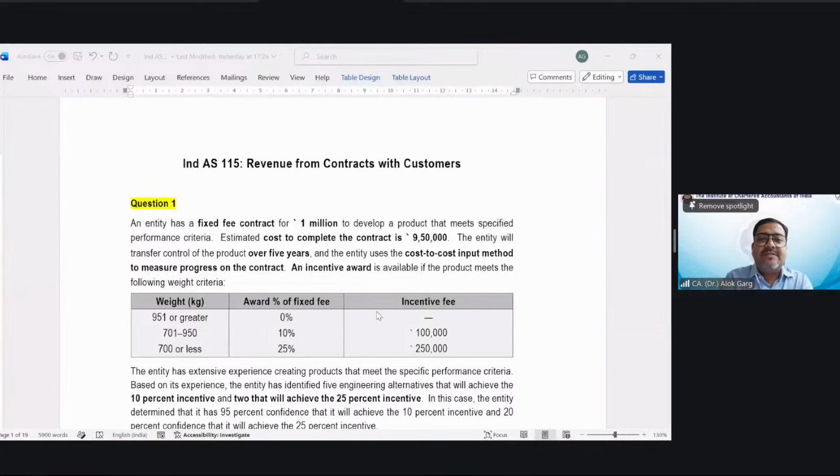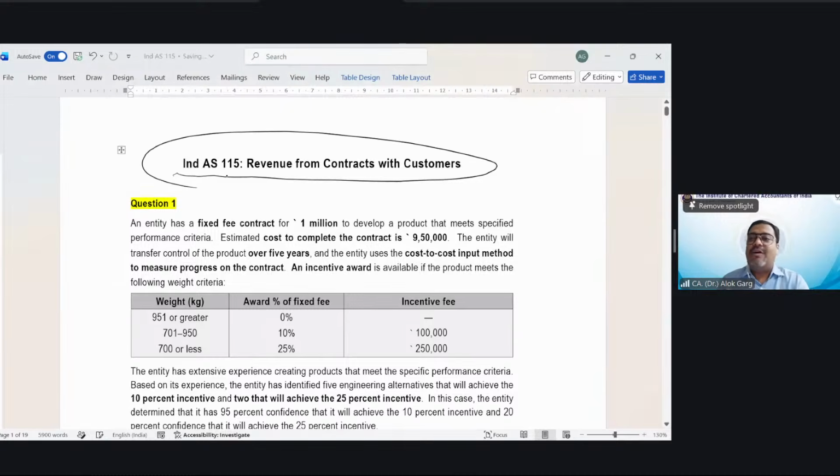I hope this word file is there on your screen. Ashok ji, will you confirm if this word file is visible? Okay. Yes. So friends, quickly we'll do some critical and important questions, and through the questions we will get deeper into those concepts also, right?